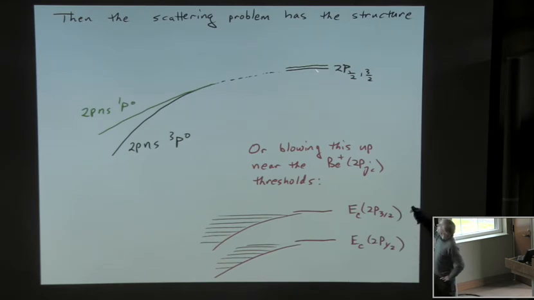But eventually they have to split apart and go to these 2 fine structure thresholds. If you blow them up, eventually it has to look something like this, with huge numbers of Rydberg states below each threshold. In between there is an autoionization continuum, and above there is a free continuum where the electron just leaves the ion in either of these states.